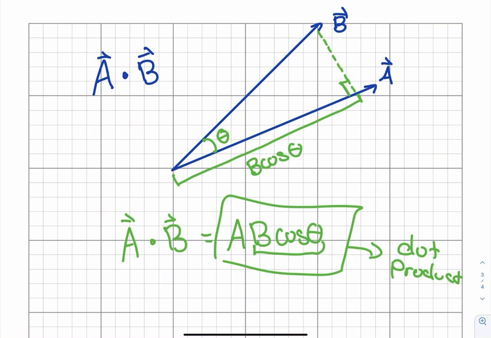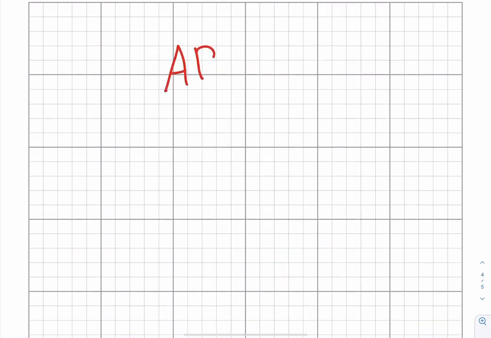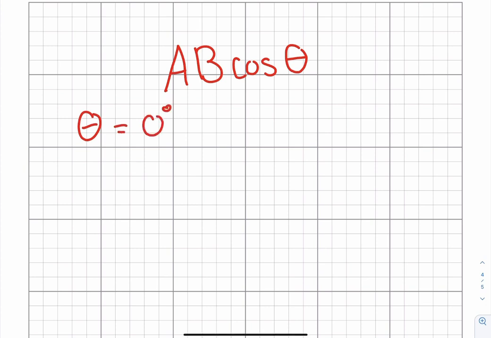The angle referenced in cosine theta is the angle between vectors b and a. Now, the definition of the dot product is heavily reliant upon the angle between the two vectors. So, let me show you a few examples of what happens when this angle is changed. Let's say the angle is 0 degrees.